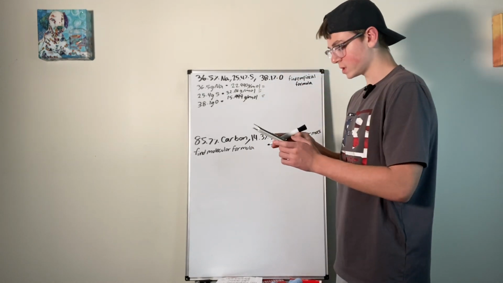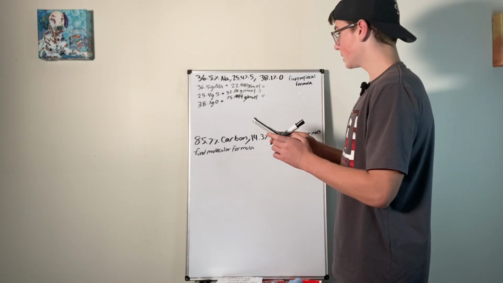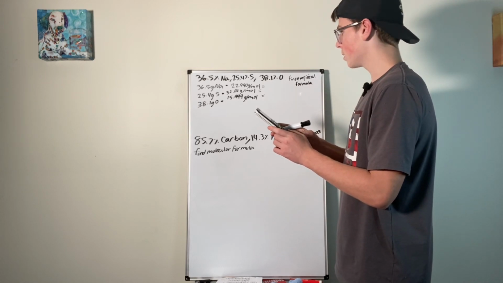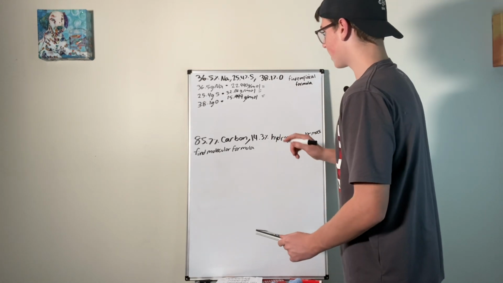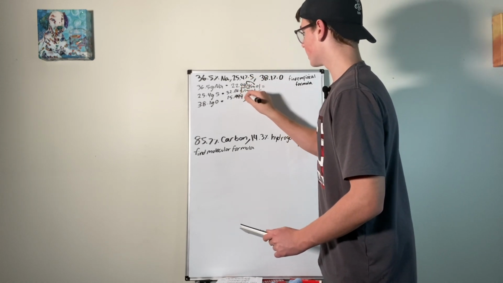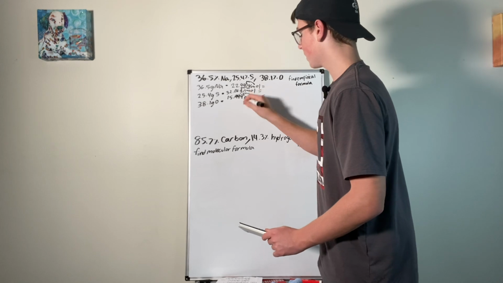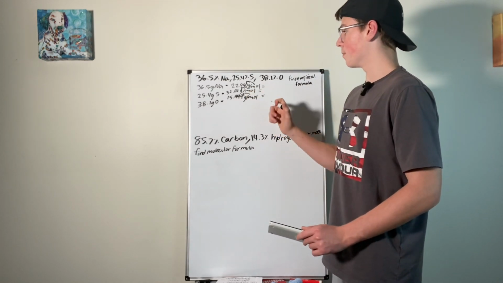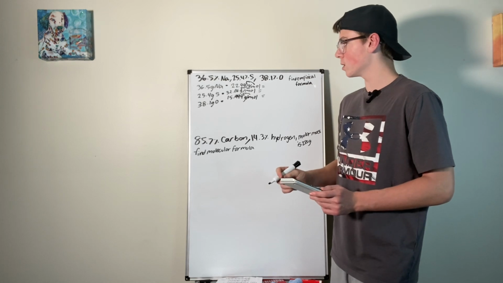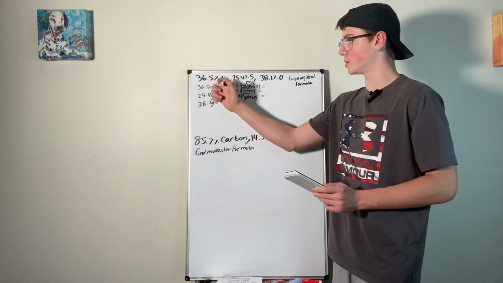So this will give us 36.5 times 22. Wait, never mind. We have to put the moles on top. So you just switch these. You say 1 mole of sodium is 22.990 grams. So you're really dividing.